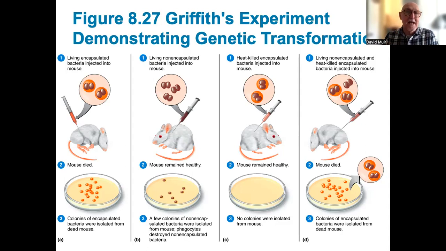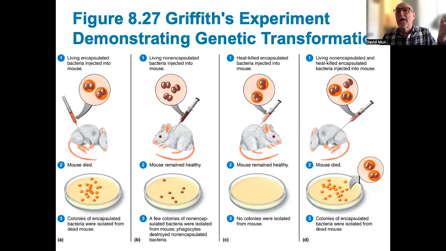We now understand that when you take a culture like this and you boil them, a lot of those cells are going to burst. And when they burst, they're going to liberate their DNA. The DNA will go into solution. And that DNA can be picked up by living cells. And that is the process of transformation.